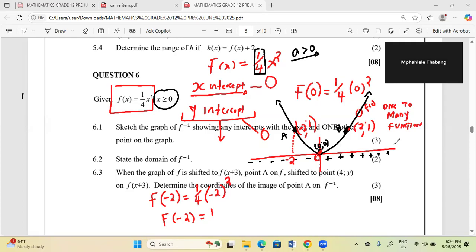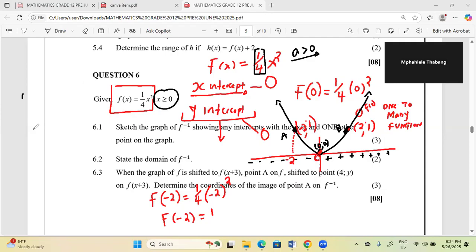So what are we referring to when we talk about a one to many function? A one to many function is whereby one value of y is sharing different values of x. For example, in this case, 1 can be mapped with x of -2, and also the same 1 can be mapped with 2. So one value of y is sharing different values of x. So we say this is a one to many function.